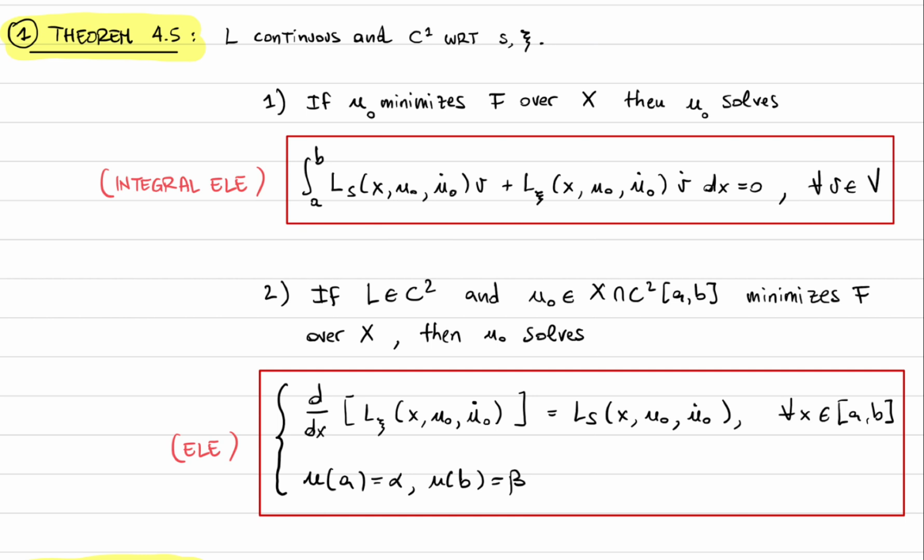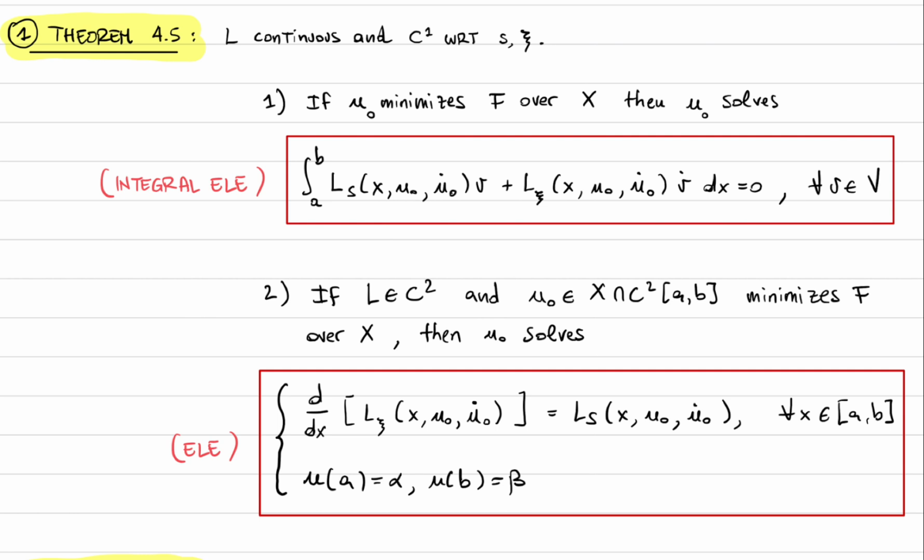If moreover we assume that L, the Lagrangian, is C2 and u0 belongs to X and is C2 additionally, and is also a minimizer for F over X, then we know that u0 solves the differential form of the Euler-Lagrange equation, which is the one here. So it's the total derivative with respect to x of the Lagrangian derived with respect to psi computed at the point u0 equals the partial derivative with respect to s of the Lagrangian computed at the point u0, and this holds for all points x in (a,b).